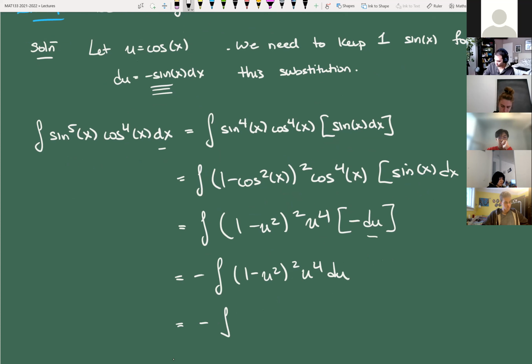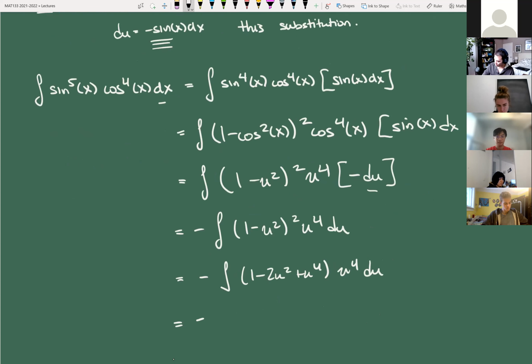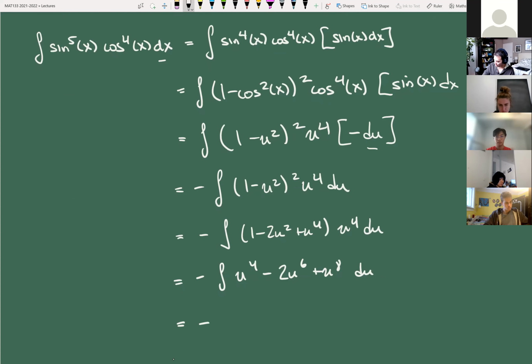So I don't see an obvious substitution here. I'm just going to expand this. So it's going to be 1 minus 2u squared plus u to the 4, times u to the 4 du. And that's going to be u to the 4 minus 2u to the 6 plus u to the 8. All right. And then negative 1/5 u to the 5 plus 2/7 u to the 7th minus 1/9 u to the 9th plus c, right?